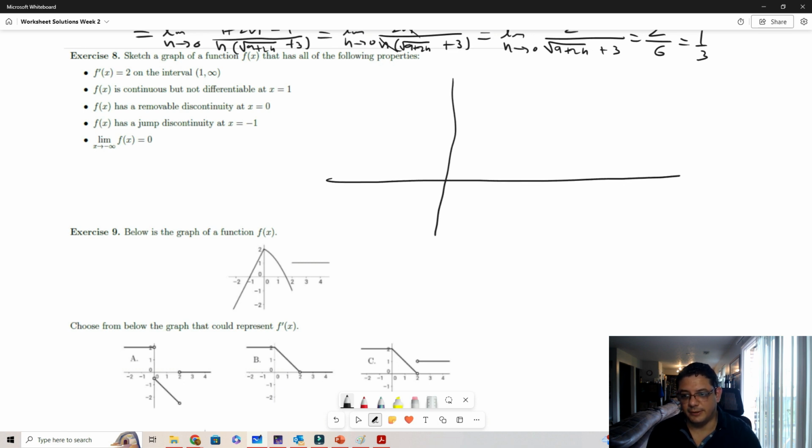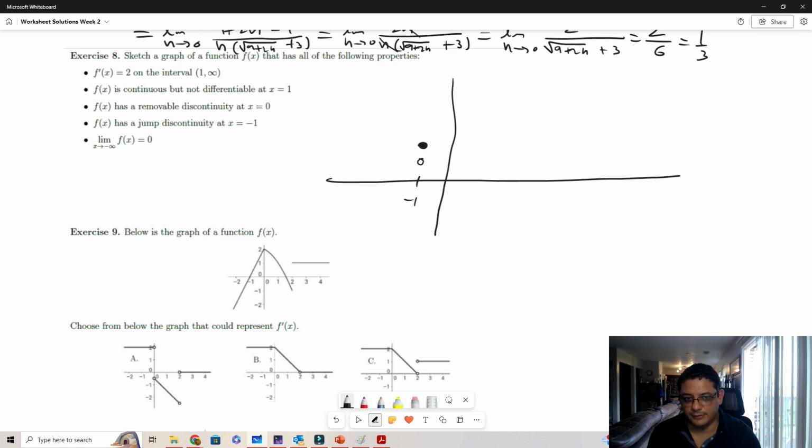So I can start with the asymptote being 0. Also says f has a jump discontinuity at x equals minus 1. So that means that at minus 1 there's a change between the values and there's a jump. Let me make a jump like this.